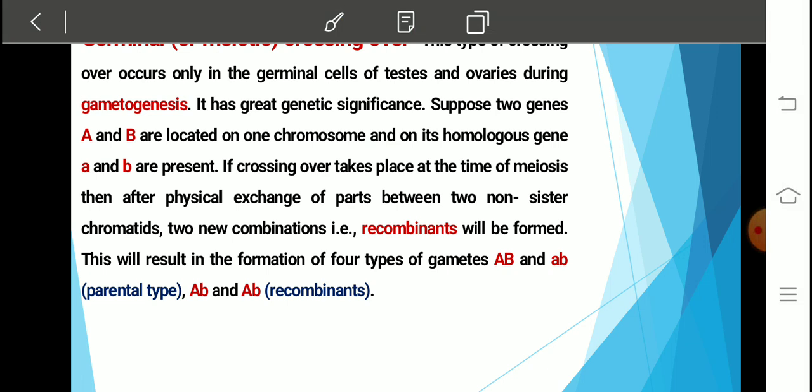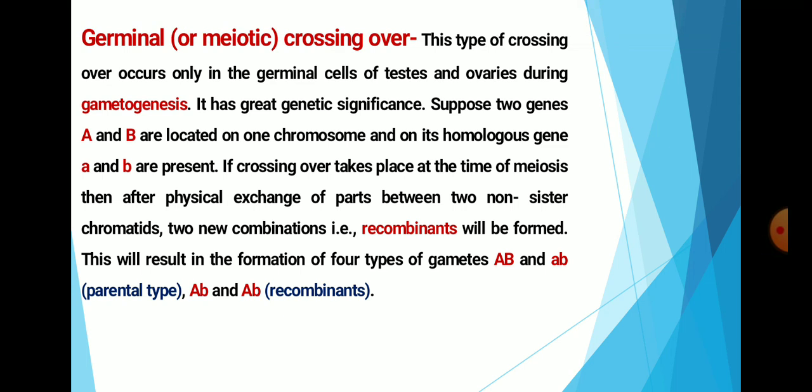For example, suppose two genes, capital A and capital B, are located on one chromosome, and on its homologous chromosome small a small b genes are present. If crossing over occurs at the time of meiosis, some parts are exchanged, so recombinants are formed.